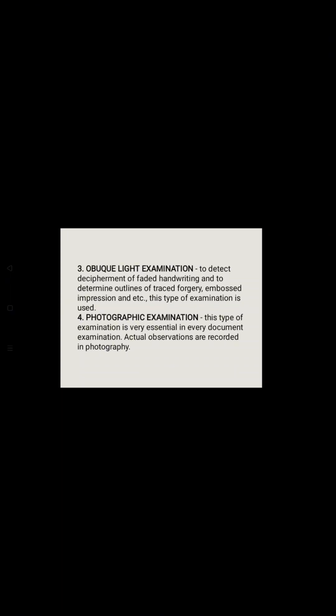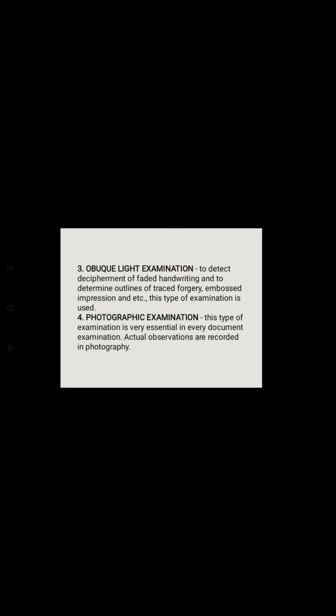Kailangan siya og light para makita ang mga traced forgery, ang mga trace or forgery nga mga sulat. Nahimo na nato ni nitong last, itong gipahimo ni sir, ang mga type of handwritings, or katong mga mali sa mga sulat.